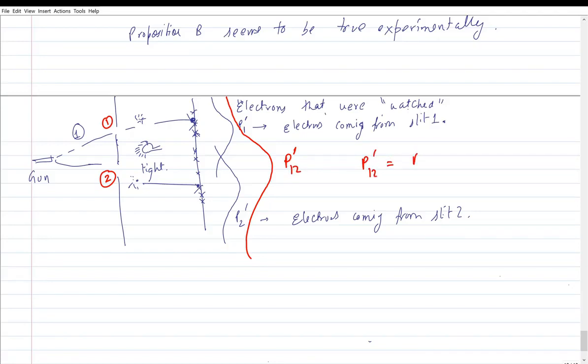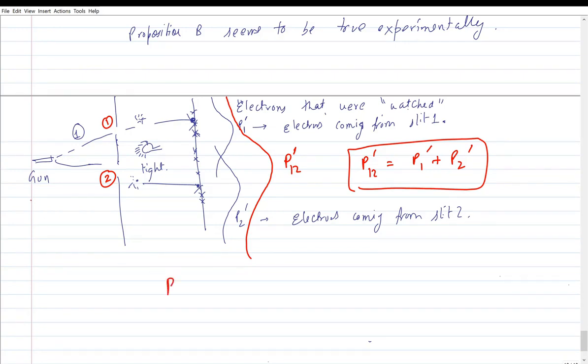P prime 1 2 is equal to P1 prime plus P2 prime. So it's kind of neat that when I watch the electrons, I have the addition of probabilities of the electrons taking the two alternatives.